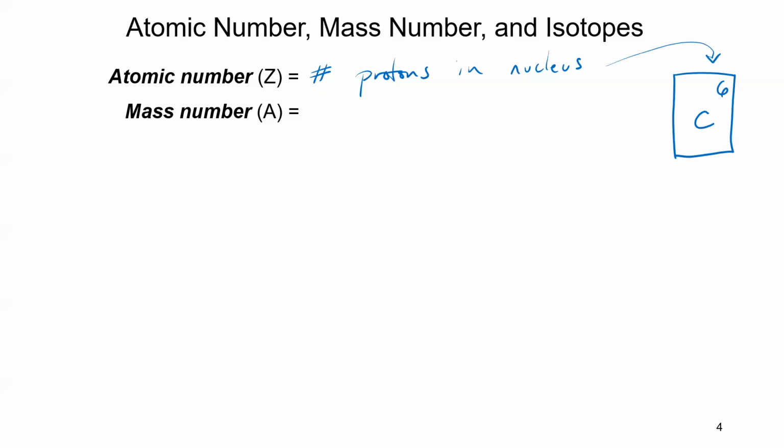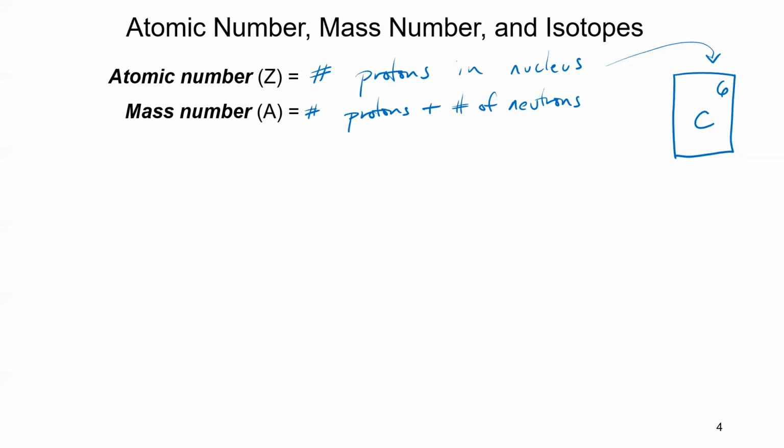The mass number for an atom is the sum of the number of protons plus the number of neutrons.